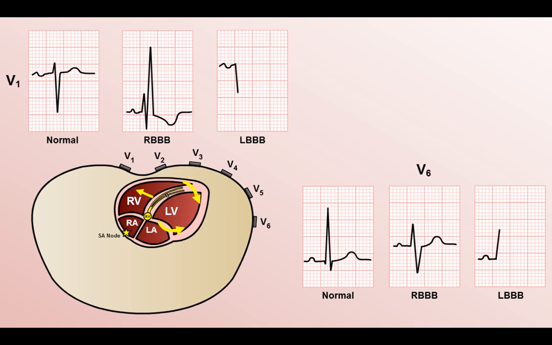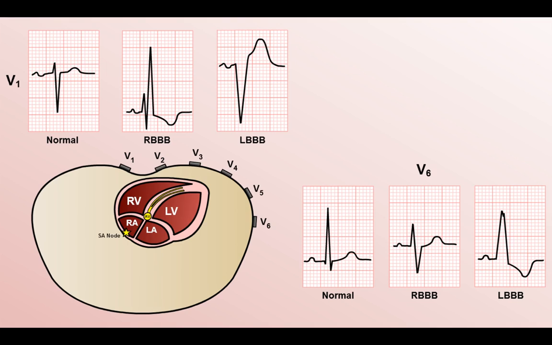The consequence is a deep S wave in V1 and a tall single R wave in V6, which is often notched. Remember that lead V6 points in roughly the same direction as leads 1 and AVL, so that these leads usually show the same changes seen here.